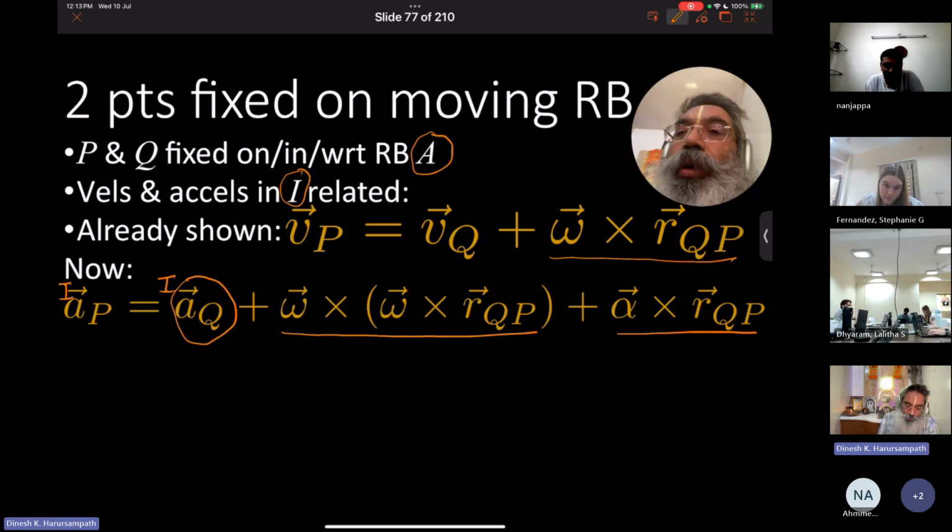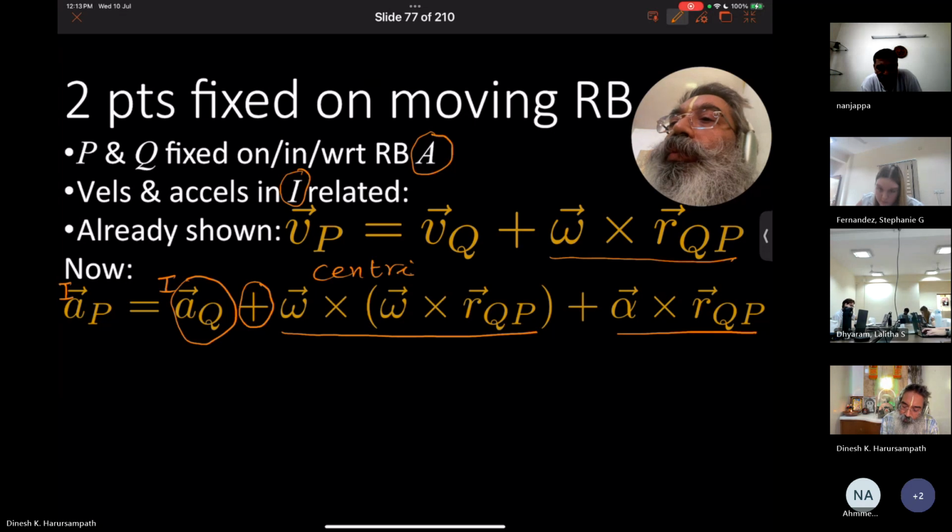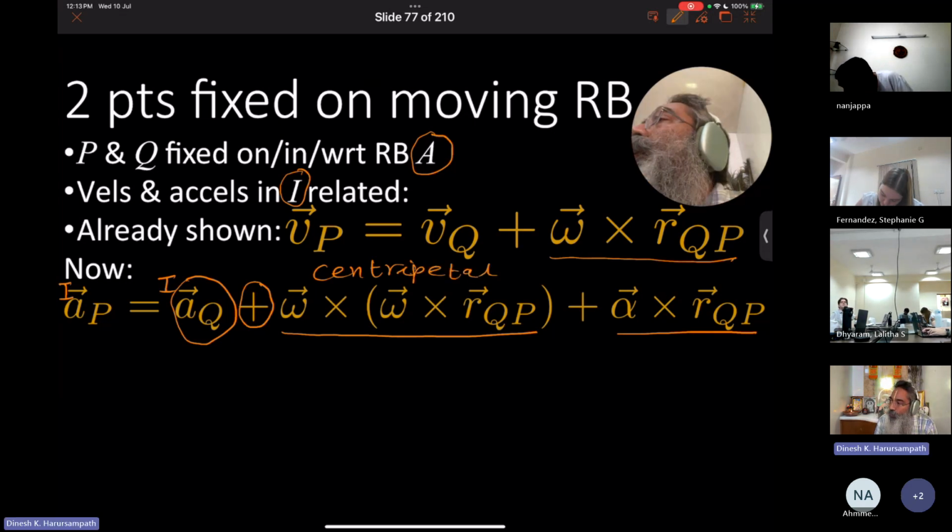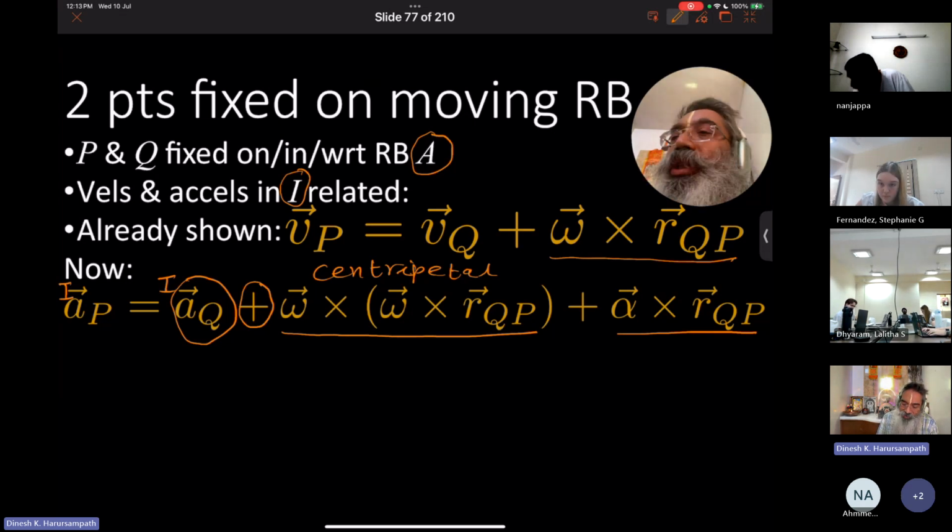And I had a question about why this particular sign is plus, even though we know that this is actually centripetal, which is towards the center and therefore should have essentially a negative sign. I asked you to kind of work it out, but in case you have not done that, let me just explain now.